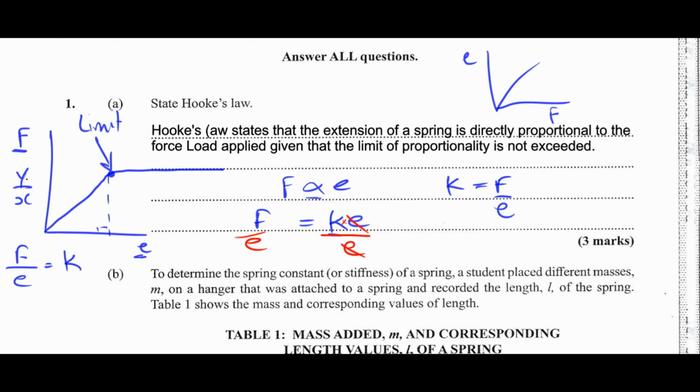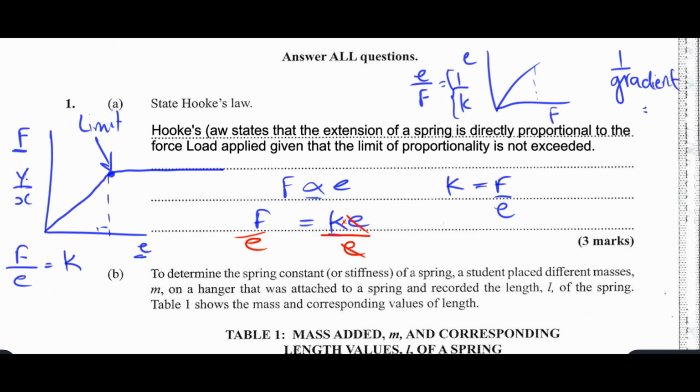If we plotted E against F and found the gradient, we'd be doing E divided by F, the flipped version of F over E. That means E over F would give us 1 over K, which is not the spring constant. So in order to find the spring constant K, we would have to find 1 over the gradient.